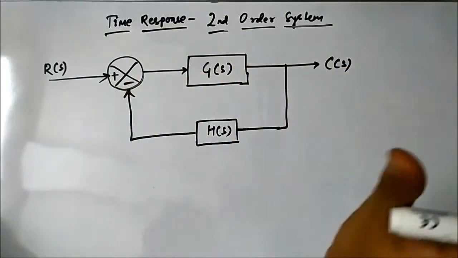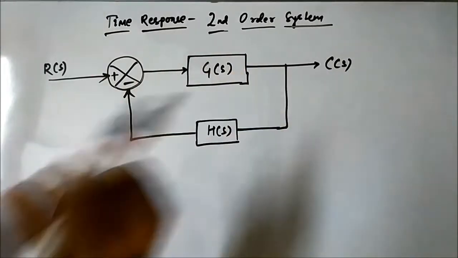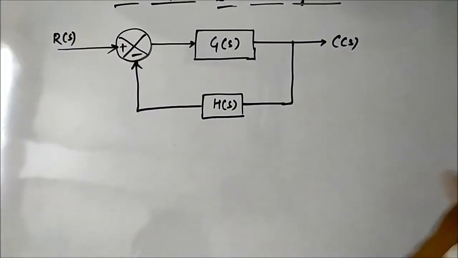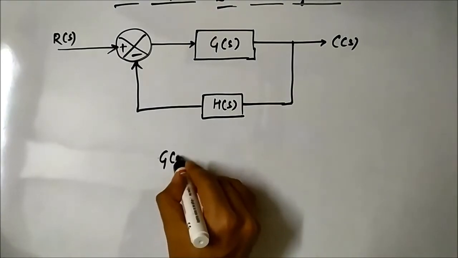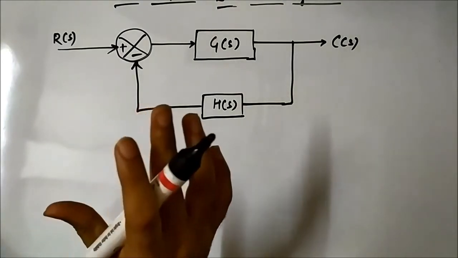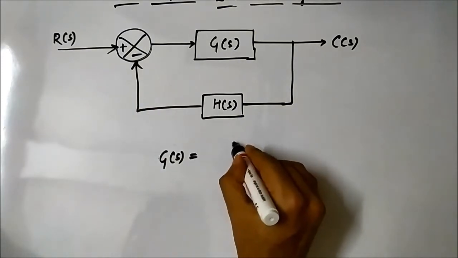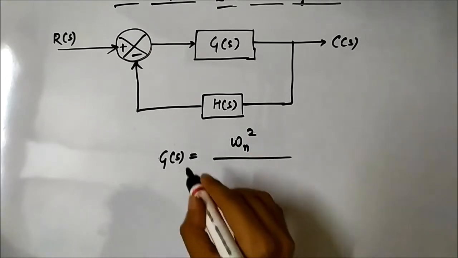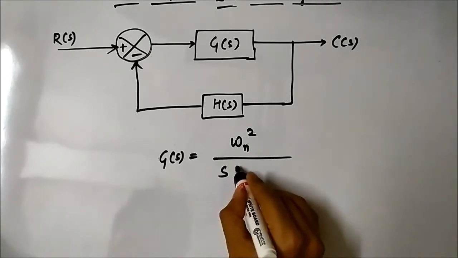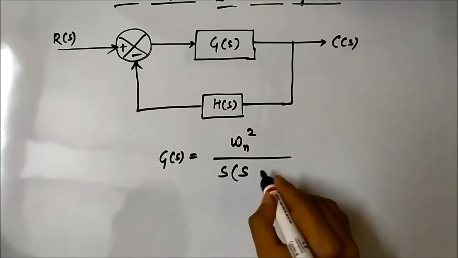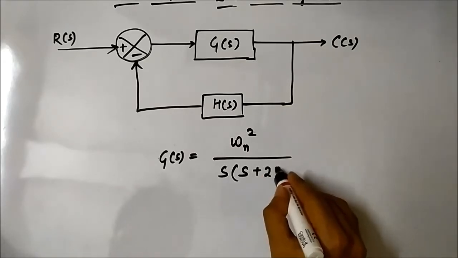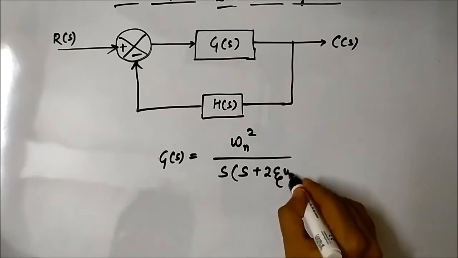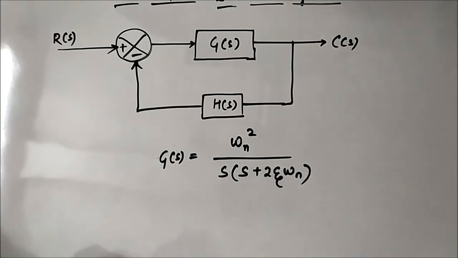Now for the analysis of a second order system, the forward path is normally taken in this way: omega n square by S into S plus 2 zeta omega n. This is the forward path transfer function.